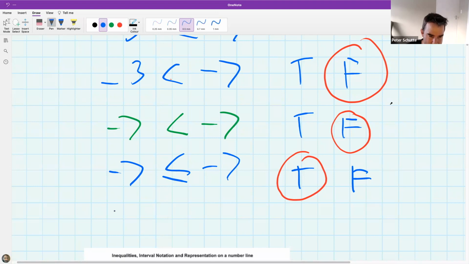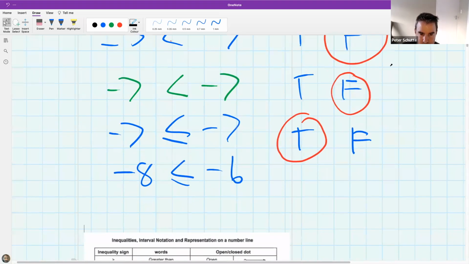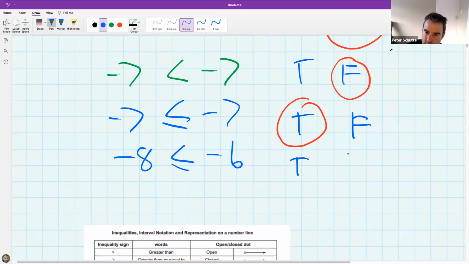What about, is -8 less than or equal to -6? Is that true or false? Okay, so think about it.